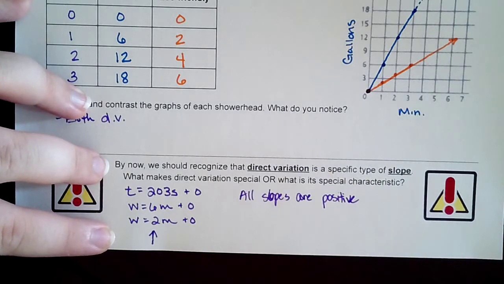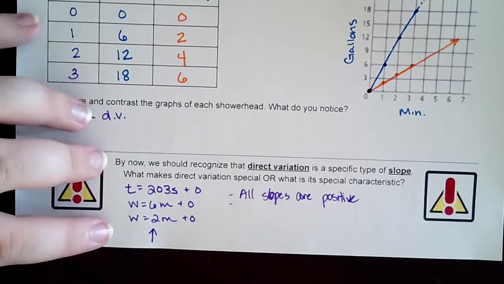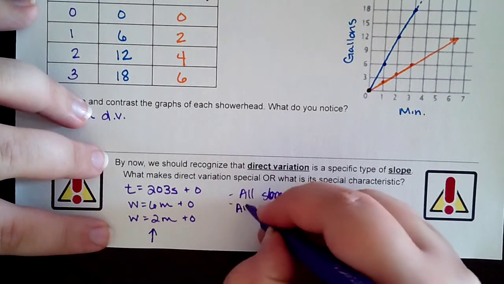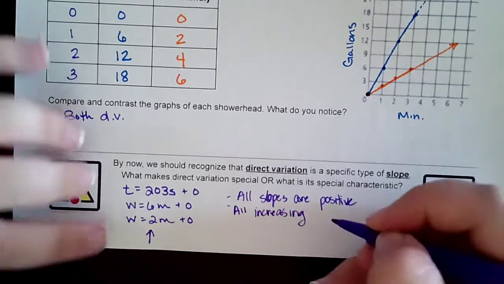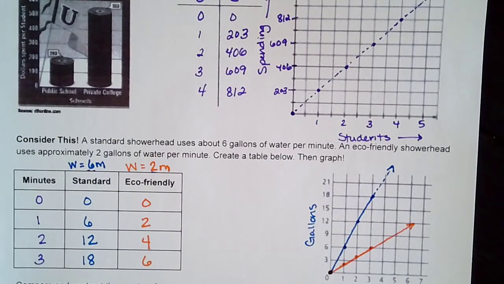What were the other ones I listed? All slopes are positive, they all start at 0, they're all increasing. However you want to say that is totally fine as long as you see that these direct variations increase and go upwards.